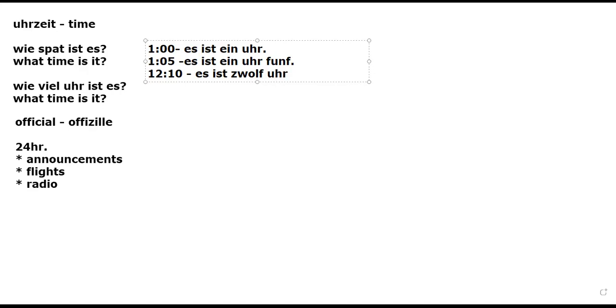Suppose there is 13 and then this. So "Es ist 13 Uhr 5." Okay, just read it as they are showing. First say the hours and then the minutes, that's it. So official timing is very easy.